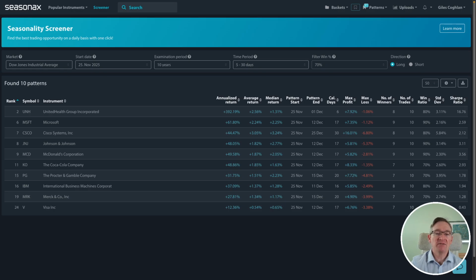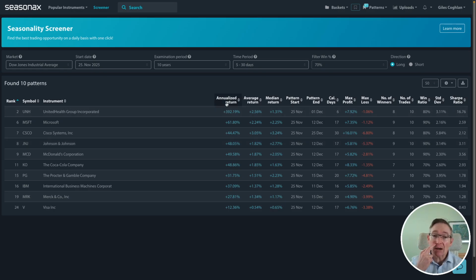Now, let's understand the screener's results. So, when the filters are applied, as we've applied them up here, Seasonax gives us a ranked list of seasonal opportunities. And each row here represents a seasonal pattern. The key columns include things like the annualized return.